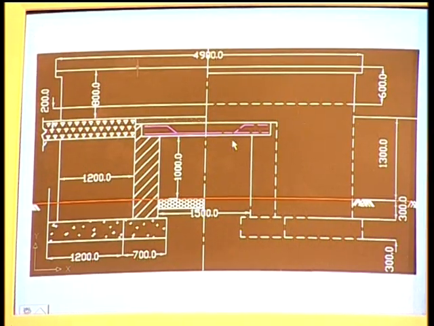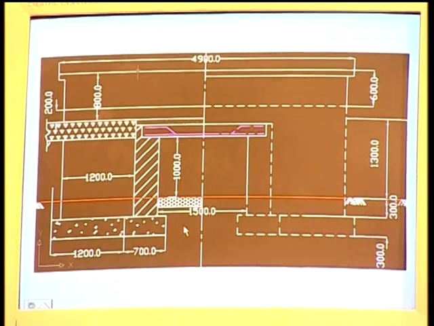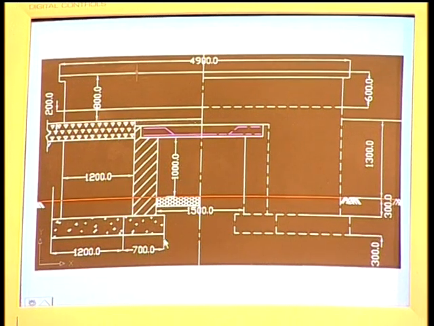Then this is the sectional elevation. You can see the sectional elevation. See, this is the width of the foundation for abutment, 700, and over the CC bed the construction of abutment is started, and this red line shows the ground level. Below the ground level you have a depth of 300 plus 300, 600 is the depth of excavation, and you can see here this is the slab, and this slab is provided with reinforcement.